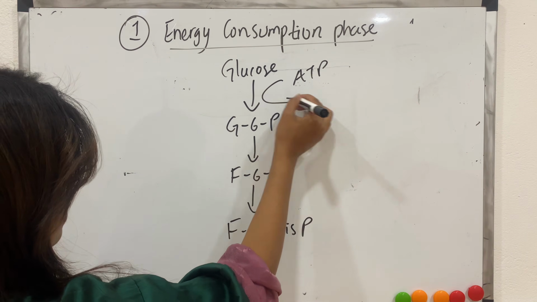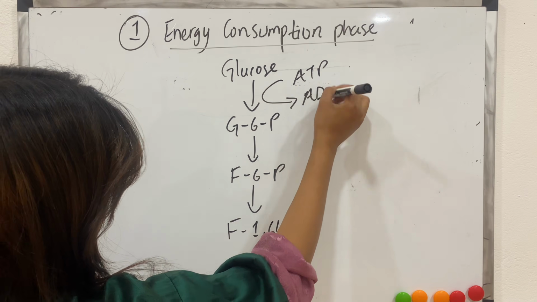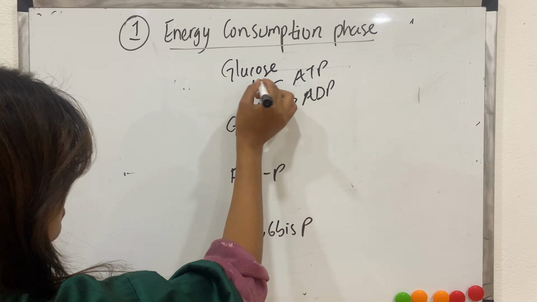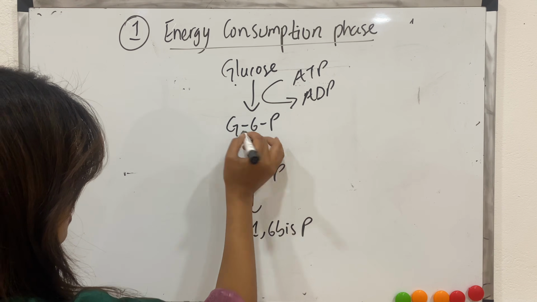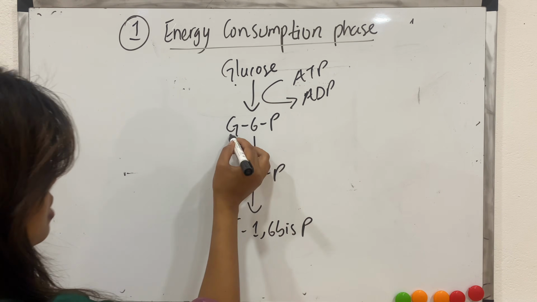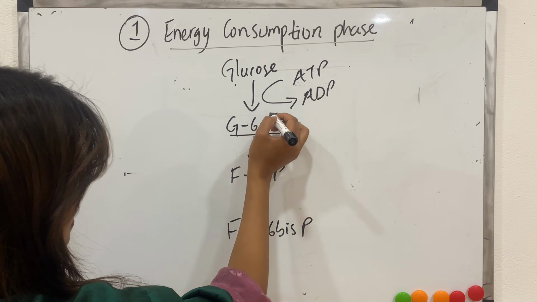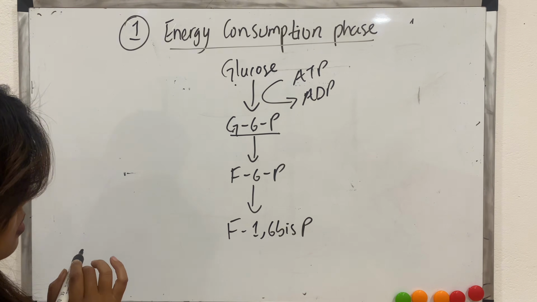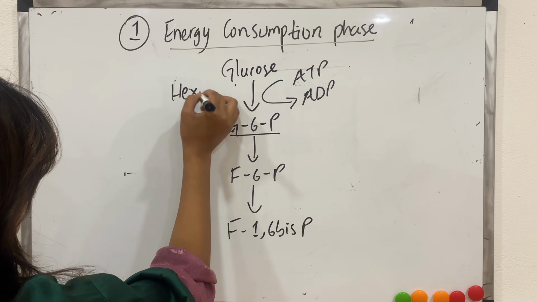And when it undergoes phosphorylation, there is a consumption of ATP. ATP provides phosphate, which gets attached onto the 6 carbon of the glucose, so therefore there is a generation of glucose 6-phosphate. And glucose 6-phosphate undergoes isomerization, which generates fructose 6-phosphate.